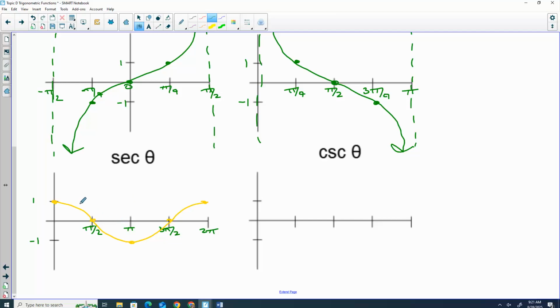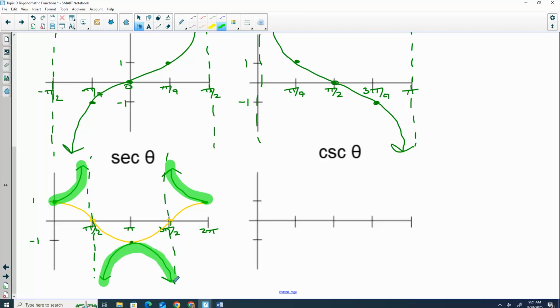So when you do the reciprocal, the reciprocal of 1 is still 1. Reciprocal of 0 is undefined, so that's an asymptote. Reciprocal of negative 1 is negative 1. Reciprocal of 0, undefined. Reciprocal of 1 is 1. And when we graph this in trig, we actually test the points to see, but it just turns these graphs away from the x-axis. So the actual secant graph is the green one here. Okay, my yellow was just to illustrate why. But that green is the secant.